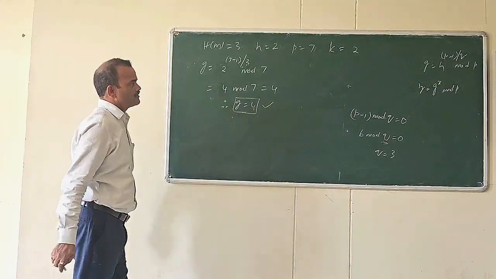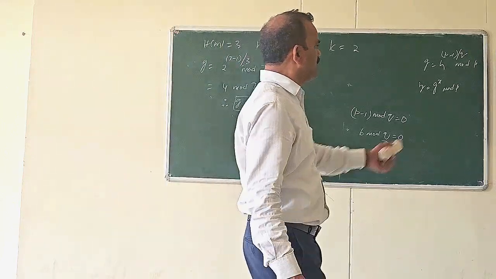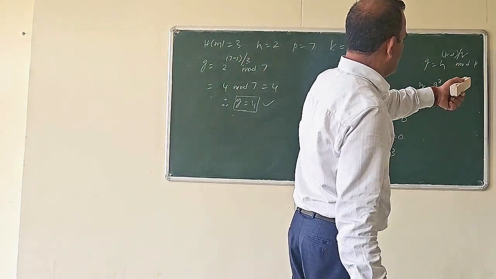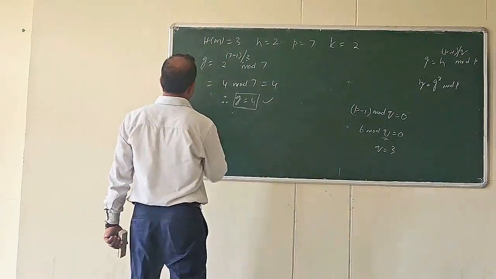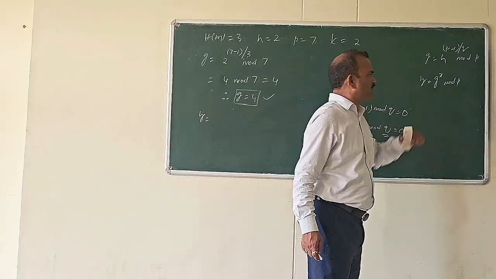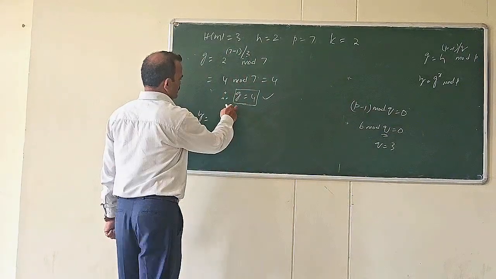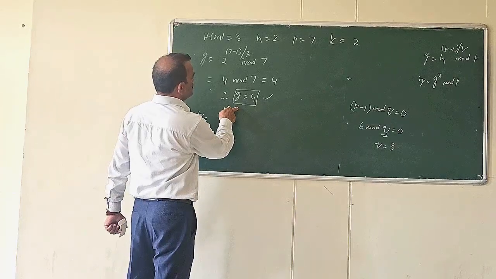G equal to 4. Then we go for calculating the value of y. See here, y equal to g power x mod p. So earlier we calculated the value of g, right?